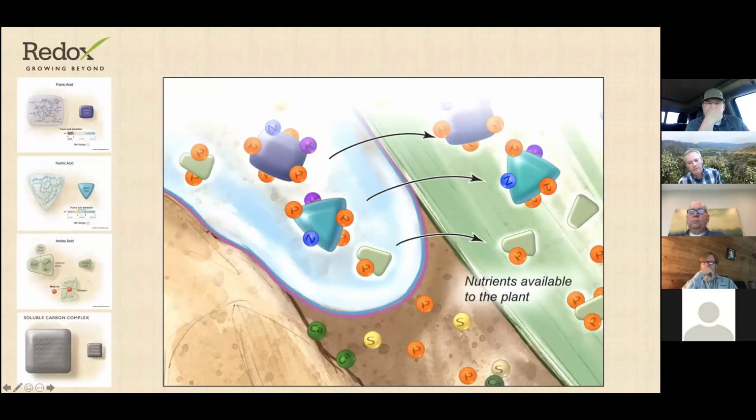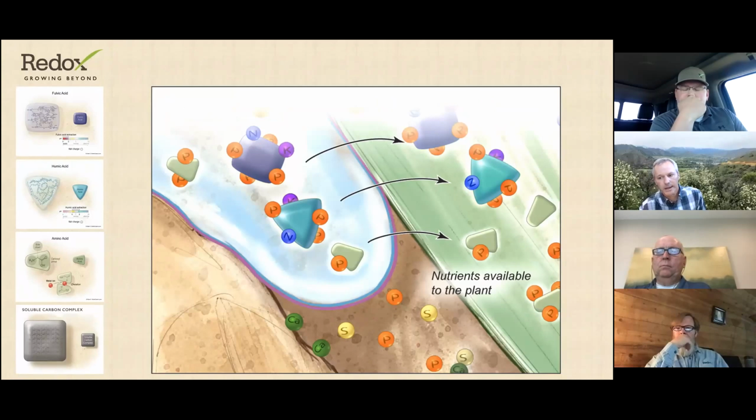Many of you are familiar with Redox products and how they're different from traditional products. Most Redox products start as common sources of nutrition: raw products like phosphoric acid, zinc sulfate, and calcium carbonate. These raw products are then subjected to chemical reactions with one or more of 11 distinct carbon compounds.